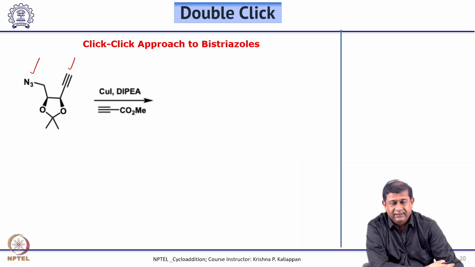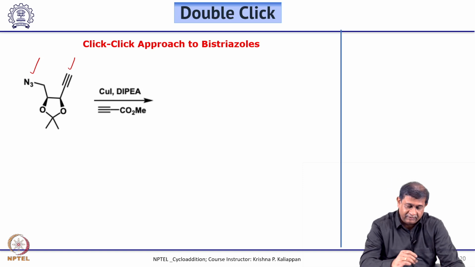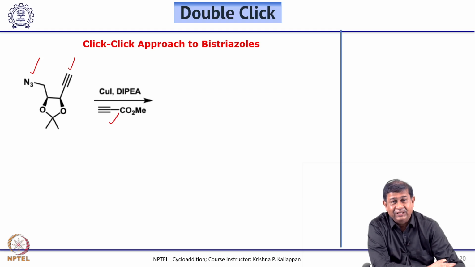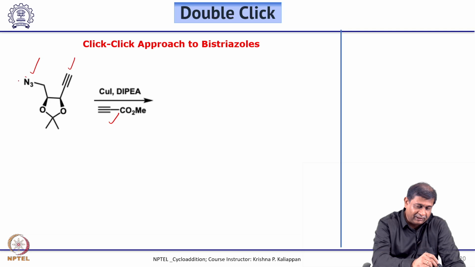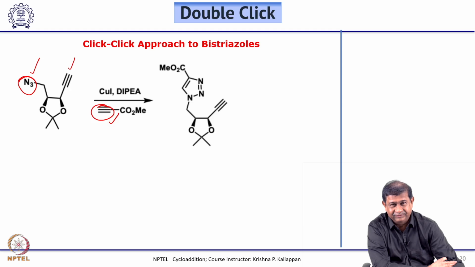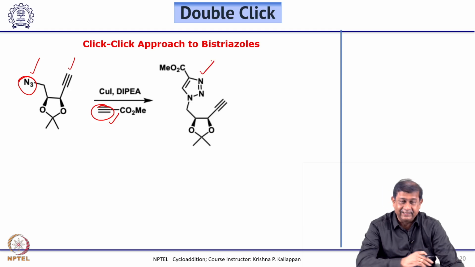So, under this click chemistry condition, if you add an external alkyne, okay, for example, if you add methyl propiolate, this in principle should undergo a click chemistry between this methyl propiolate and the azide. So, one can initially expect this triazole.